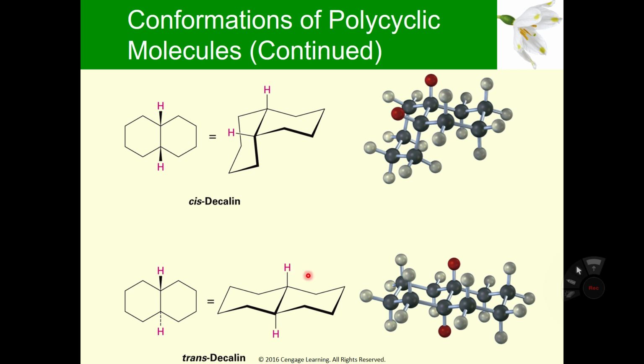So two hydrogens should be like this, both of them in an axial position, and both of the CC bonds in the ring should be in an equatorial position. Okay, so this is equatorial, and you complete the rest of the cyclohexane, and it will give a structure like this. Okay.